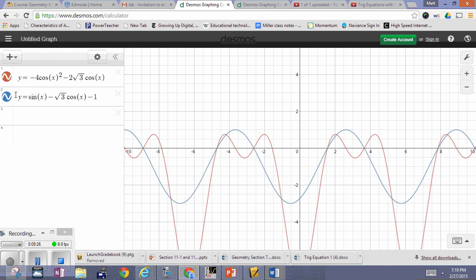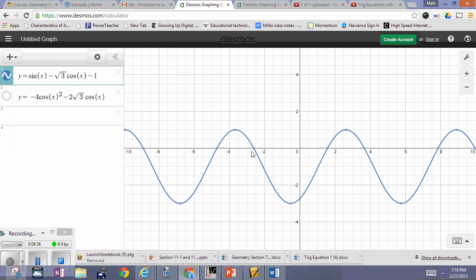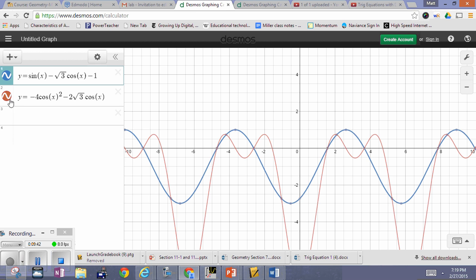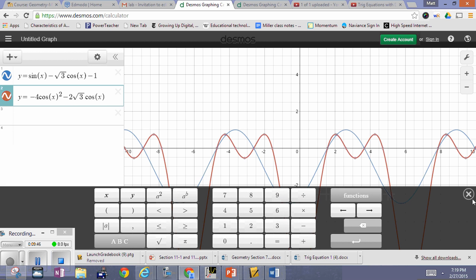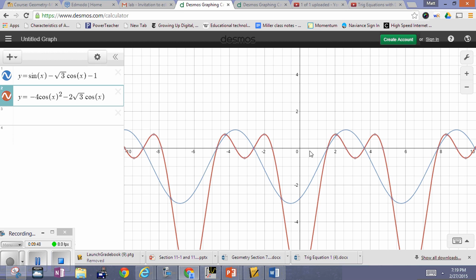Here's our original equation in blue, offering us 2 intercepts per cycle. Here are our solutions to the altered equation resulting from the squaring of both sides, only two of which per cycle line up.